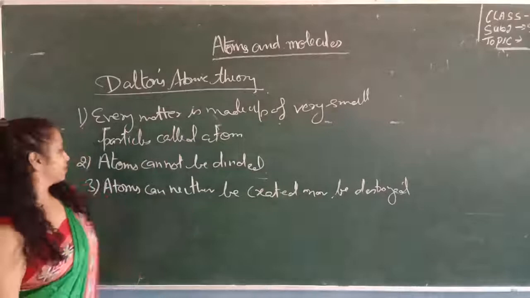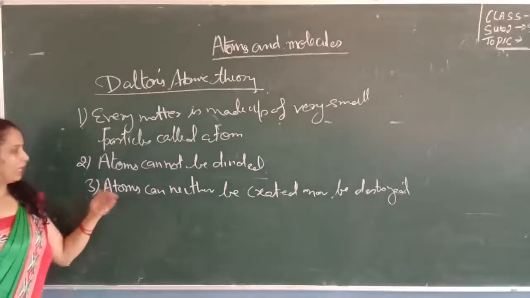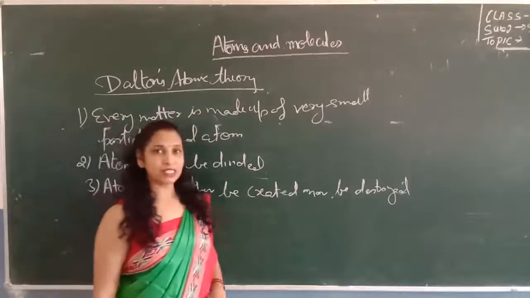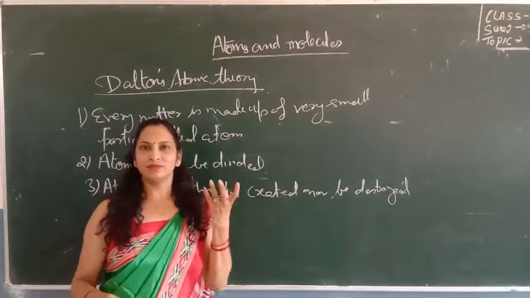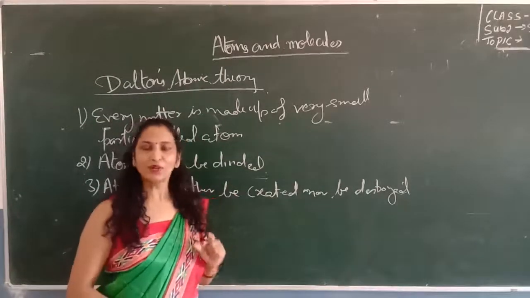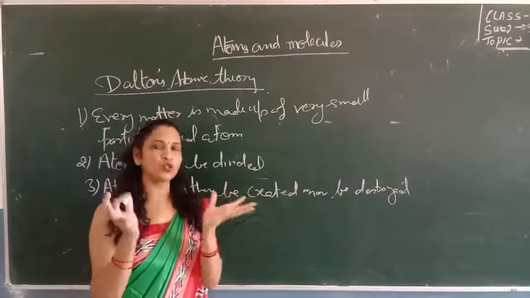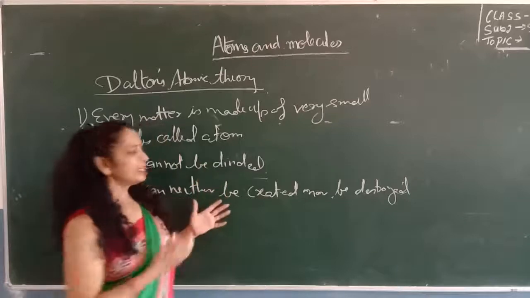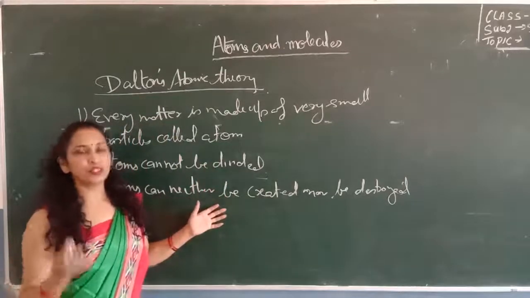Similarly, according to him, atoms can neither be created nor be destroyed. Suppose we have coal, which is made up of lots of carbon atoms. These carbon atoms cannot be created or destroyed.